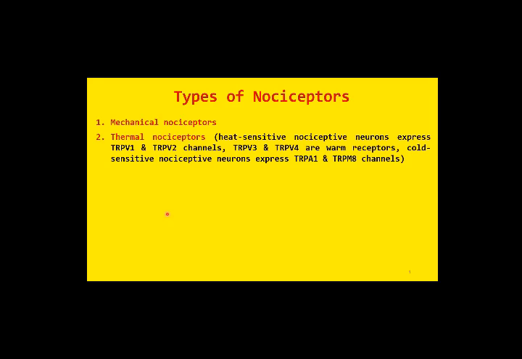And these channels are classified further from V1 to V4 and A1 to M8. So these are different types of thermal nociceptors which detect either cold sensitive changes or warm sensitive changes. So the thing to remember is that there is some overlapping between thermoreceptors and nociceptors.